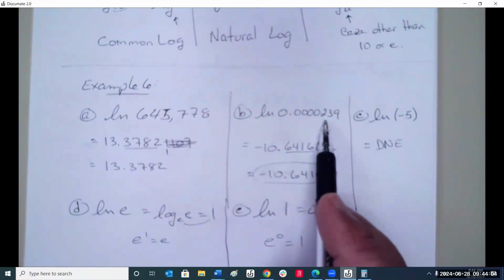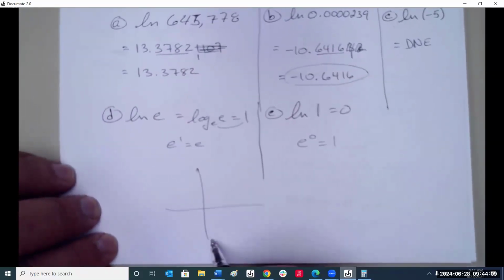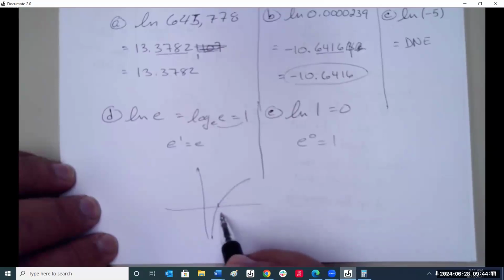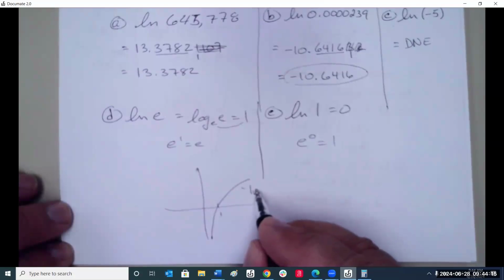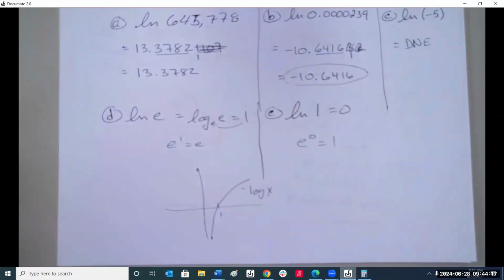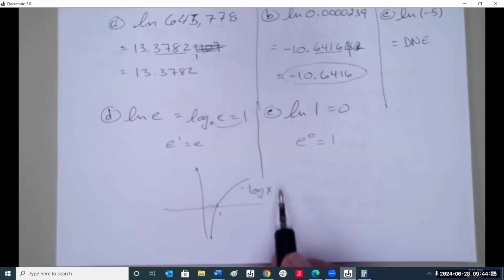It's between 0 and 1. Remember the graph of the logarithm? This is the log function. Base anything really. If it's between 0 and 1, the answer is going to be negative. If it's greater than 1, it's going to be positive.